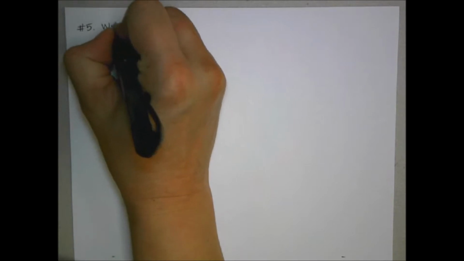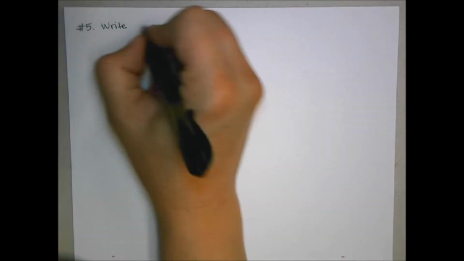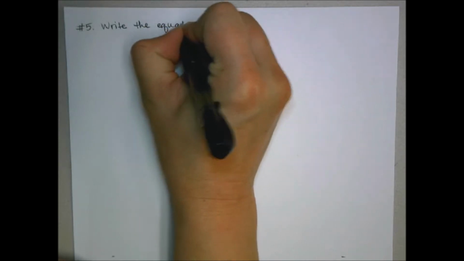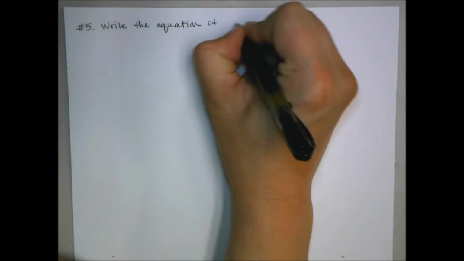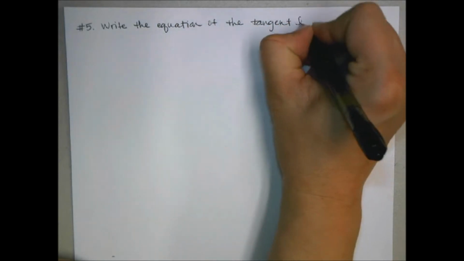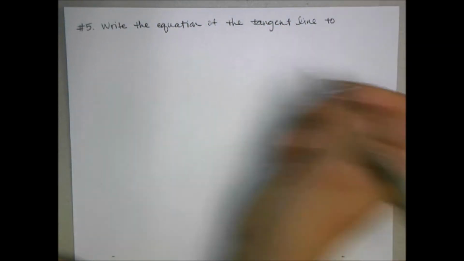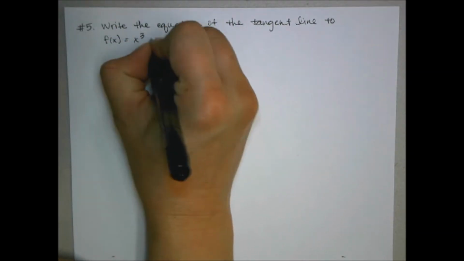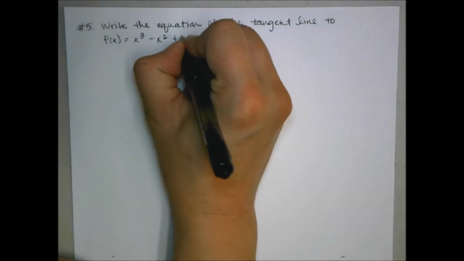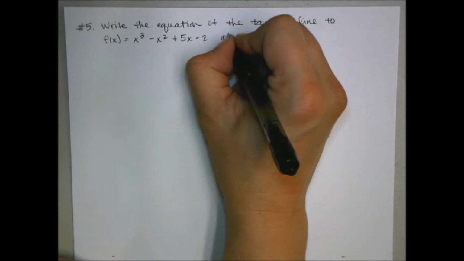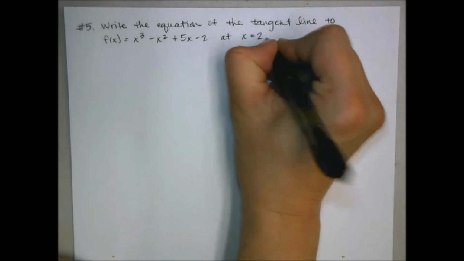In this example, we are going to write the equation of the tangent line to the function f of x equals x cubed minus x squared plus 5x minus 2 at x equals 2.